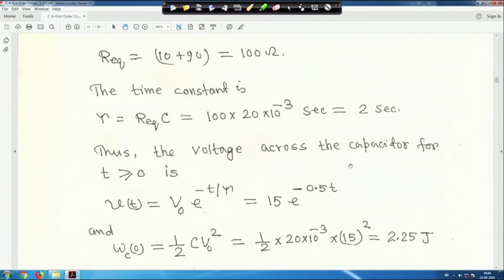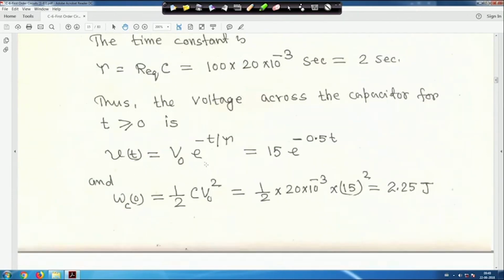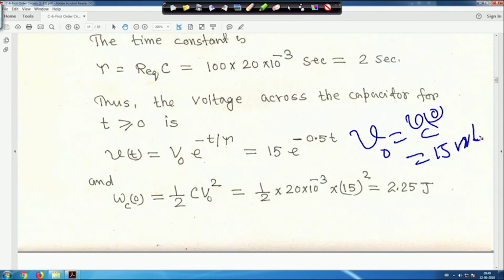Thus the voltage across the capacitor for t greater than or equal to 0, we know this, v(t) is equal to V0 e to the power minus t by tau. So V0 is equal to Vc(0), equal to 15 volt, and tau is equal to 2 second.